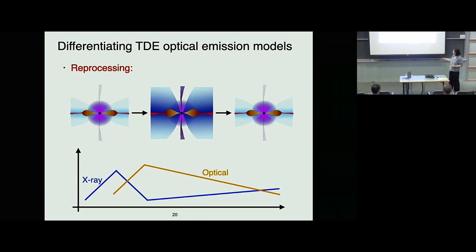So the process may not be exactly symmetric, because in the rising phase the wind is still just launched and setting up. But we would expect some X-ray peak to happen first, and then the optical will rise at a later phase, and then at later time the reverse would happen.